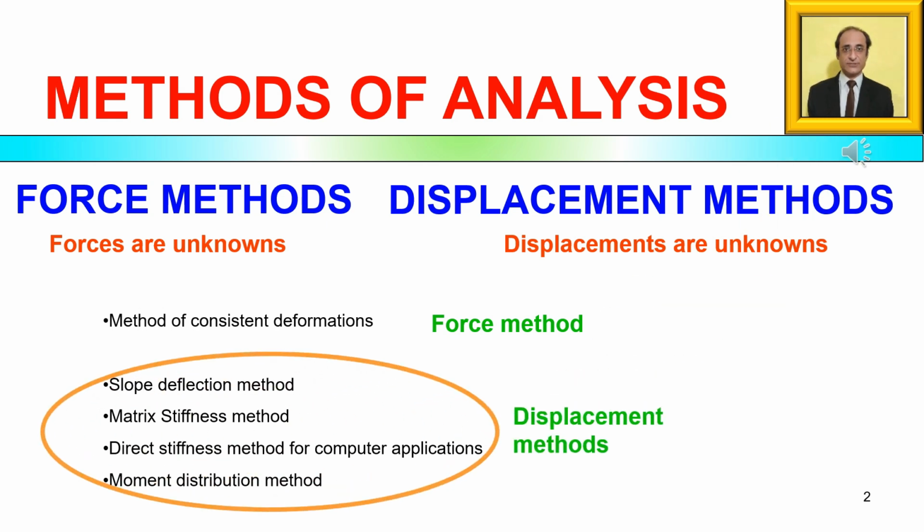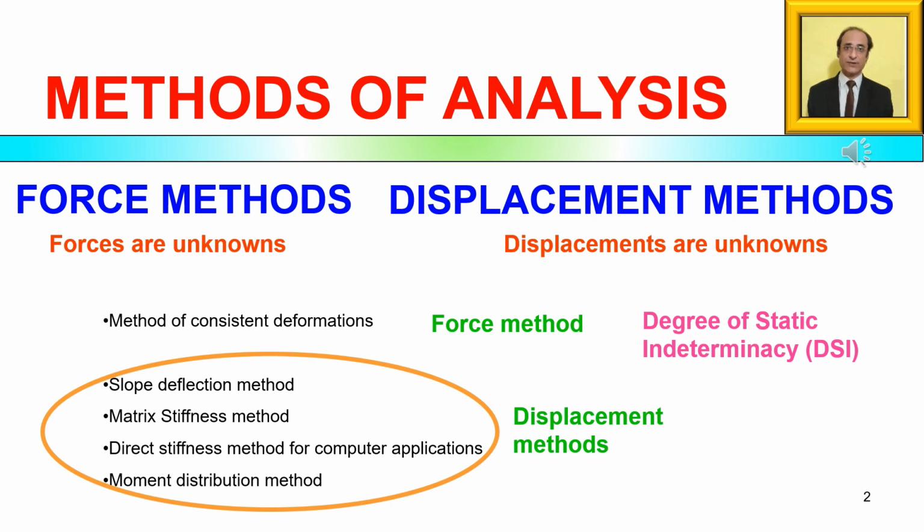Before we begin analyzing a structure, we have to make sure that the structure is stable. Then if we are using the force method, the next question is the determinacy, whether the structure is determinate or indeterminate. If the structure is indeterminate, we need to work out the degree of static indeterminacy.